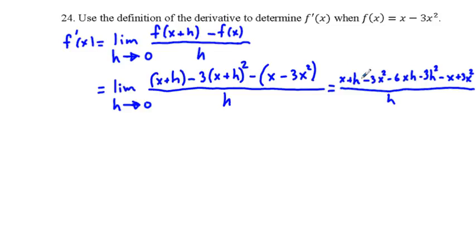And we have cancellations going on here. We're going to have x minus x and minus 3x squared plus 3x squared.